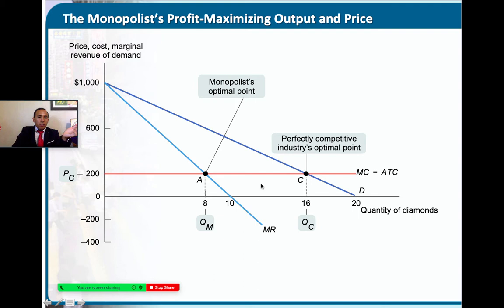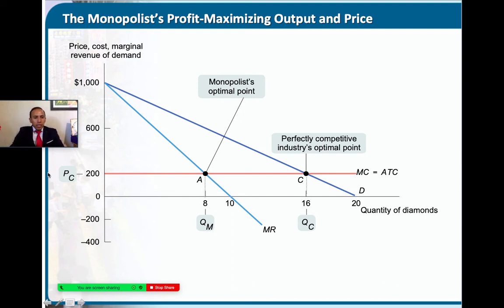The additional units produced have a marginal cost per unit of $200. To produce diamonds, we have a constant cost of $200 per unit. The average total cost is constant, so it's equivalent to the marginal cost. So to produce 8 diamonds, it costs on average approximately $200 per unit.